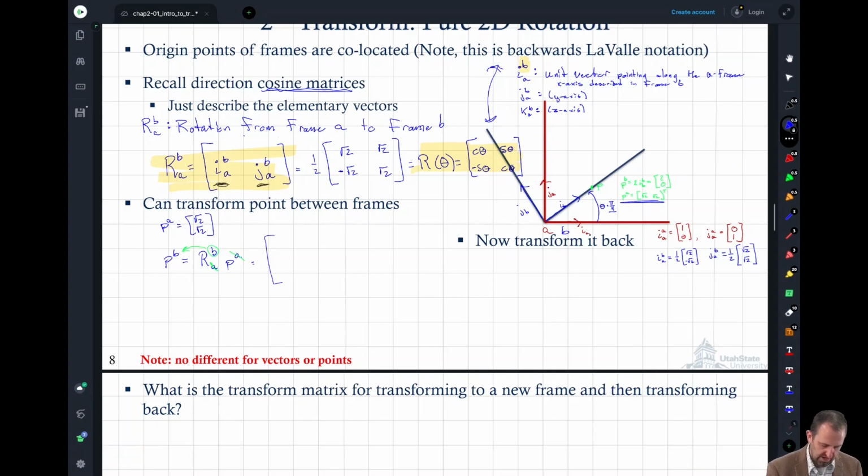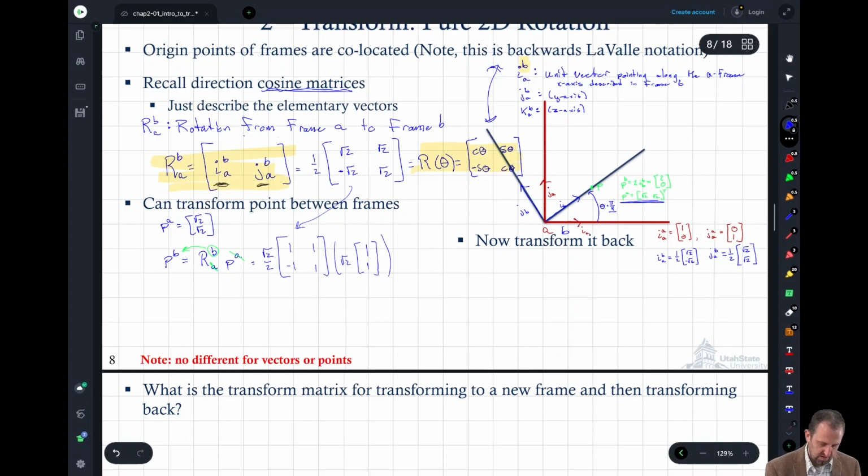So we're going to end up getting, let's write everything out here, square root of 2 over 2 times, and I'm just writing our rotation matrix, 1, 1, minus 1, 1, times P in A, which was the square root of 2 times 1, 1.